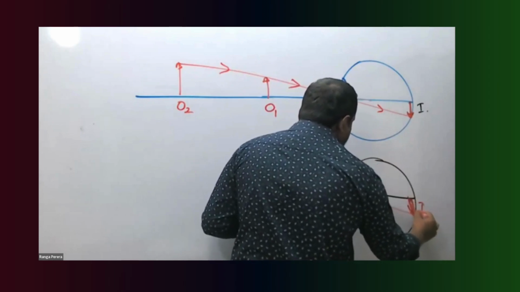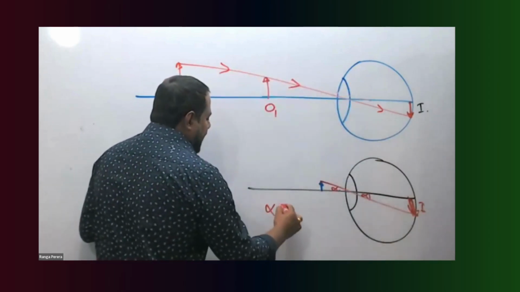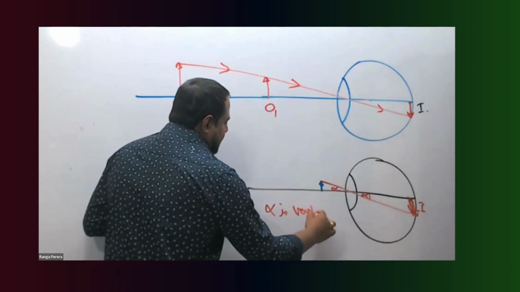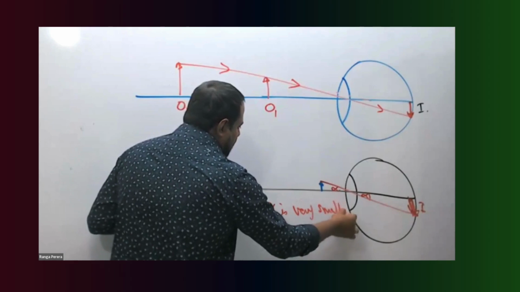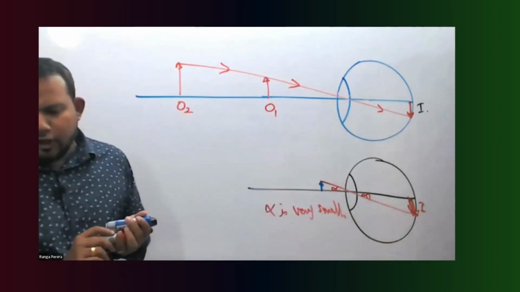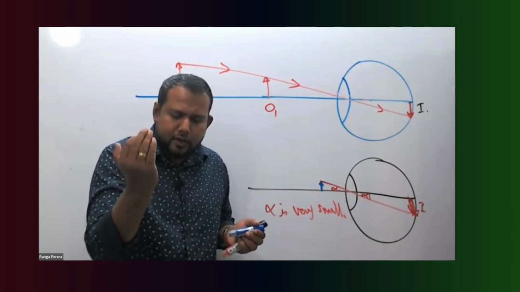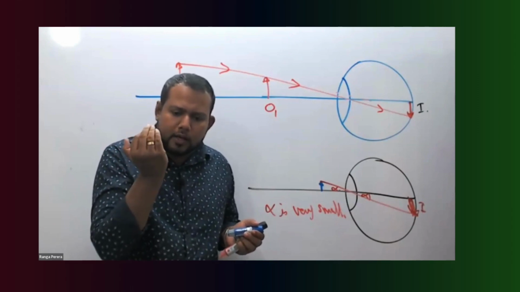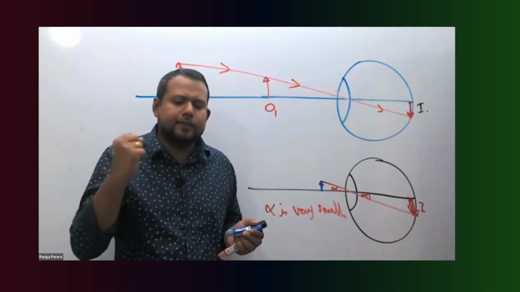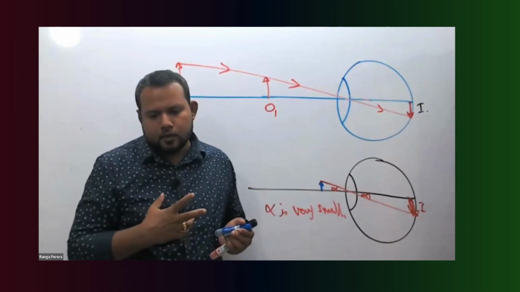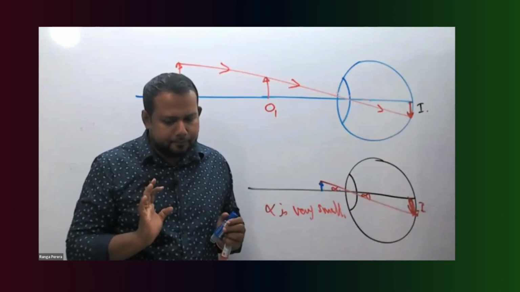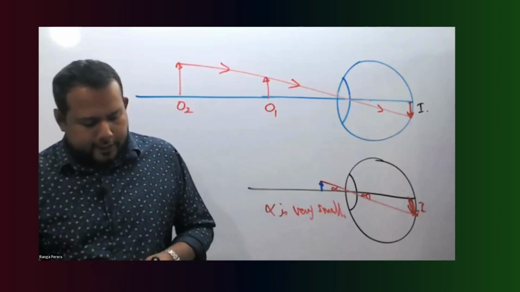This is the image I. When the object size is very small, even though that object is very close to your eye, the physical appearance of it is small. Am I correct? Clear? Okay, next point.